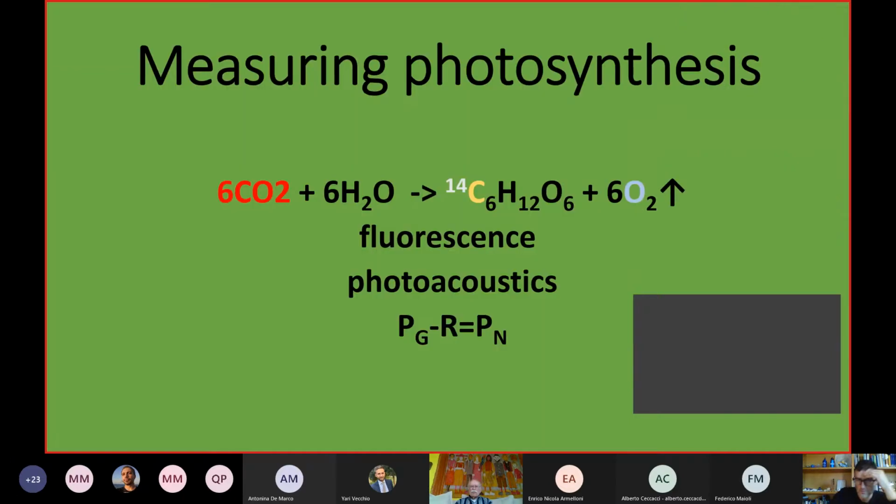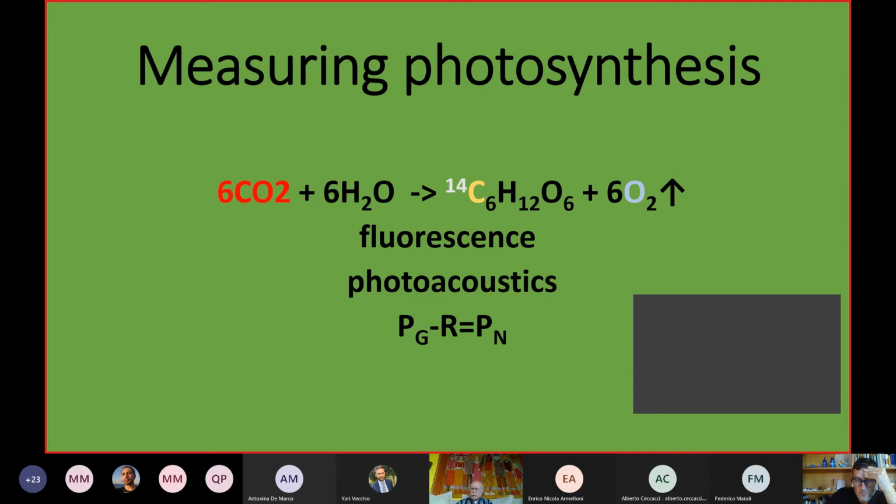So I would say that in aquatic experiments, what we do, we add some labeled carbon, and we look for it in the biomass, actually in the algal biomass, and from that we know how much carbon-14 was absorbed.